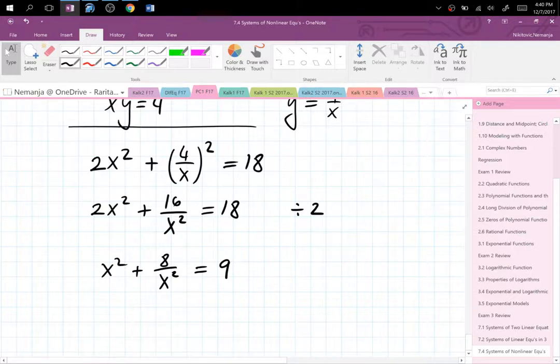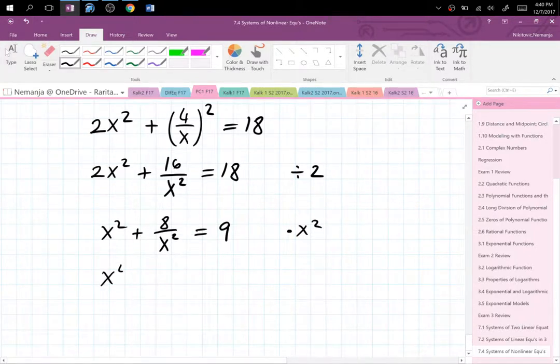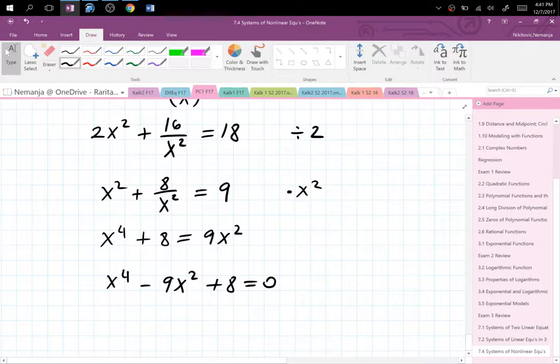And now you multiply the whole thing by x squared to cancel the denominator. So you have x to the 4th plus 8 is equal to 9x squared, which is x to the 4th minus 9x squared plus 8 equals 0. And just use the standard intermediate algebra trick: u equals x squared.